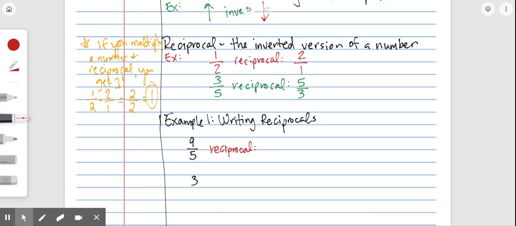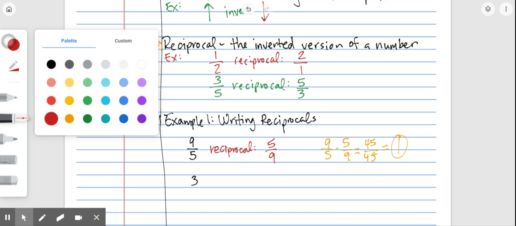So the 5 becomes the numerator and the 9 becomes the denominator. I can check that it's a reciprocal by doing the special work that we wrote on the left-hand side. So I can do 9/5 times 5/9, and that becomes 45/45, which is the same as 1 whole, which is how I know I got the right reciprocal.